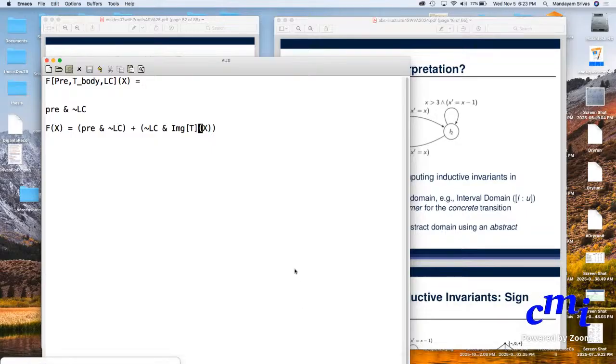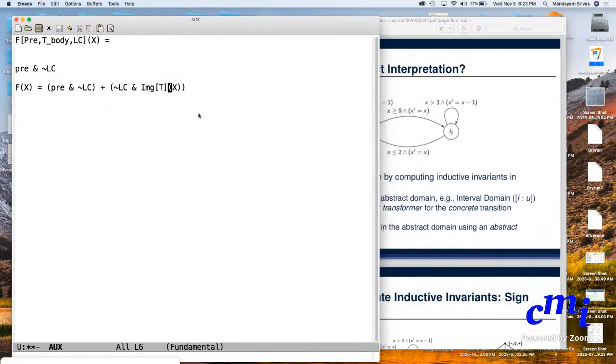I will be convinced if I can get a definition for what this thing is supposed to be, not just an expression. What do you mean? This f of x is supposed to give, see, x is a predicate.